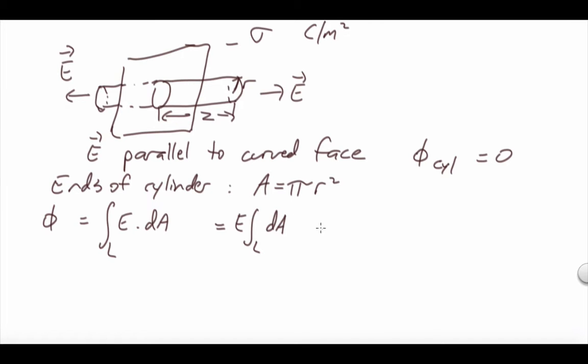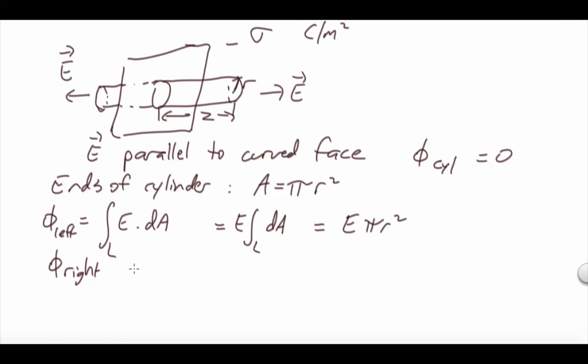of the area there, which is E times pi r squared, and the flux on the right, so that was the left, the flux on the right is going to be the same because the electric field is coming out both sides, it's symmetric.